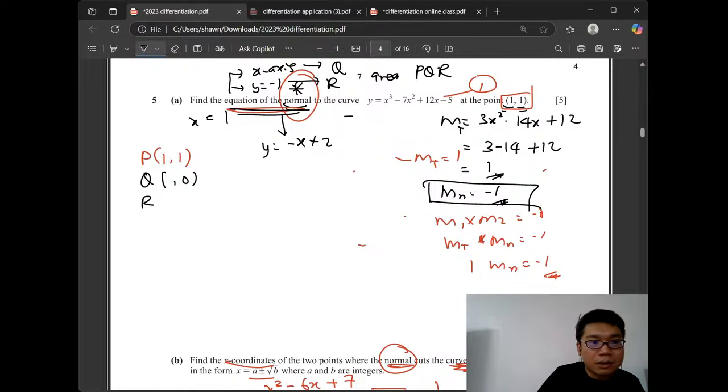So x-axis means y equals 0, so x equals 2. So I know this coordinate. And then they say it cuts through y equals -1 at point R.